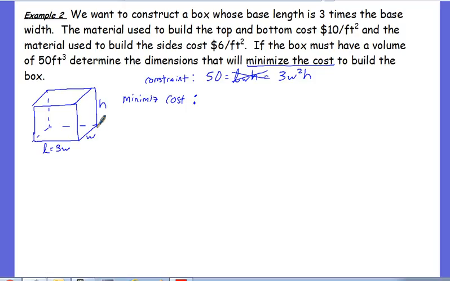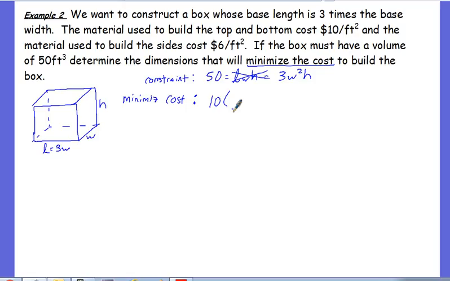It's $10 per square foot. So when we talk about square foot, we're talking about area. So we're talking about $10 for the area of the top and bottom. First of all, does everybody see they're going to be the same? So $10 for what? 3W.